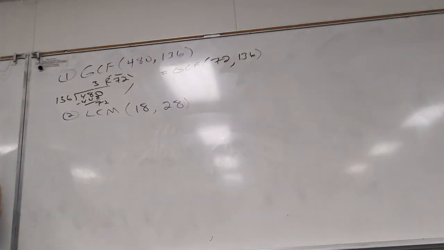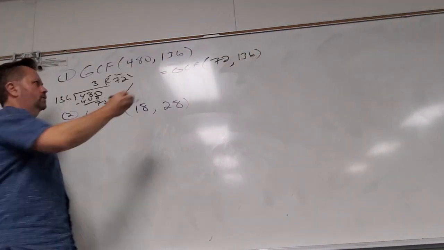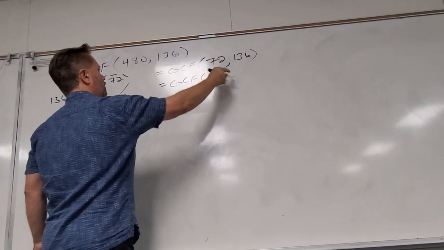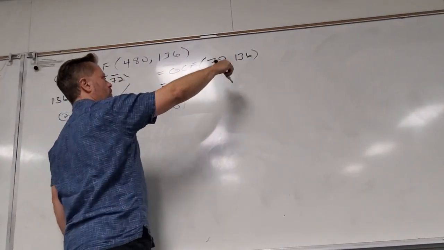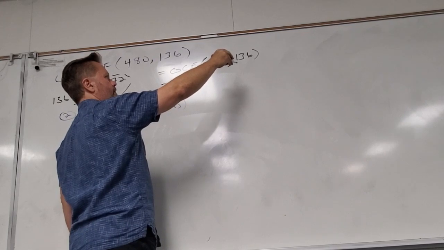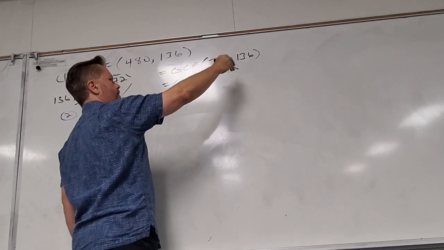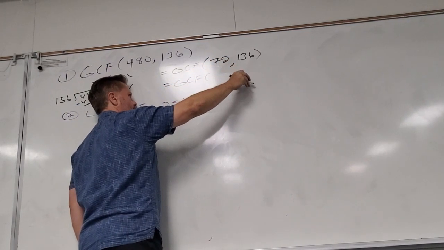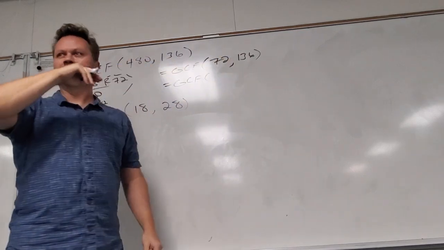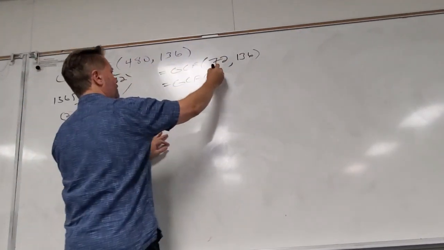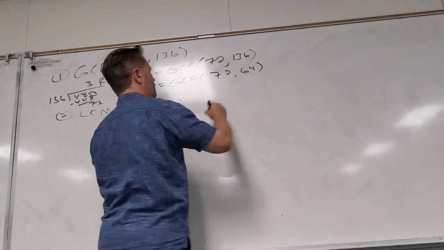And now I can just kind of go for subtraction because division's not going to help out a lot. So 136 minus 72 is 64. I like it. So now it's a GCF of 72 and 64.